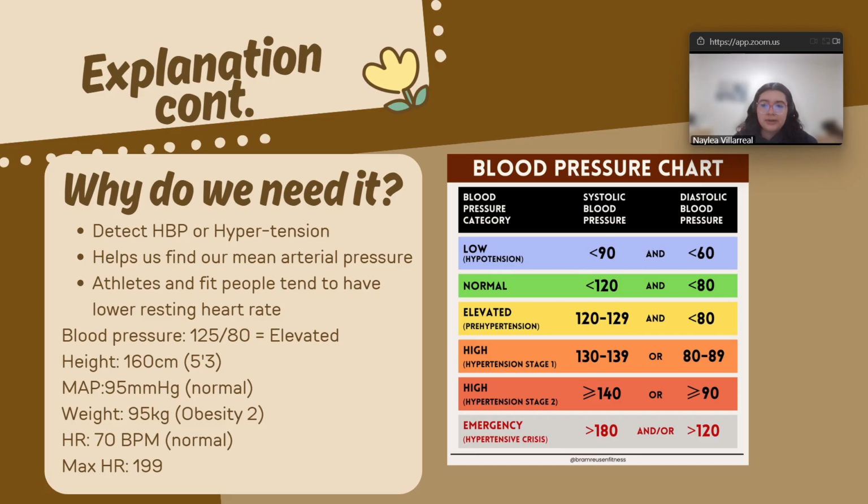My mean arterial blood pressure is around 95 mmHg, which is normal. My weight is 95 kilograms, which makes me fall under the obesity category of the BMI. My heart rate is 70 beats per minute, which is on the normal side, and my max heart rate is 199.